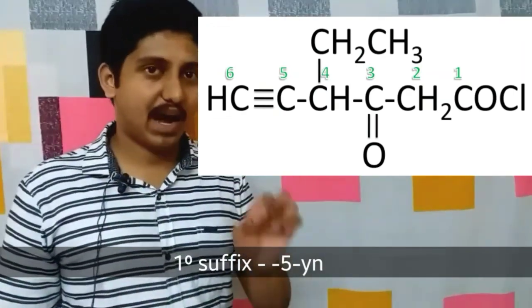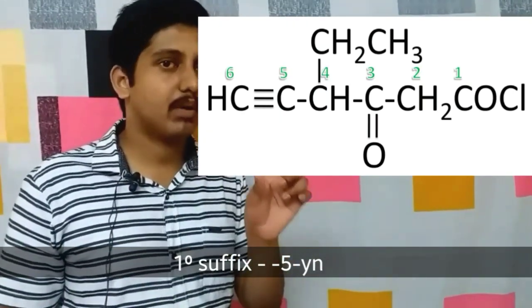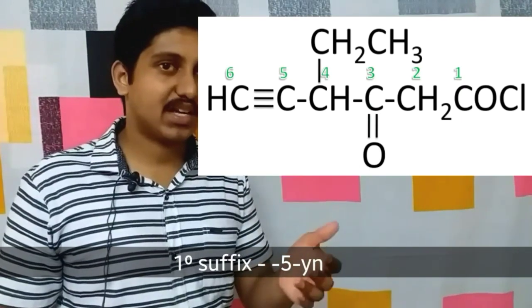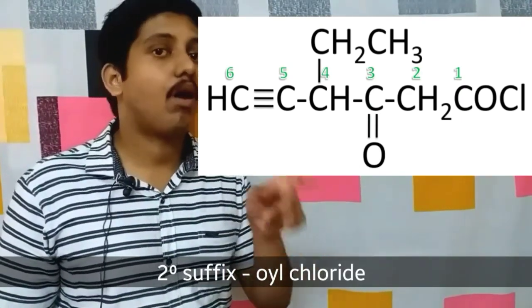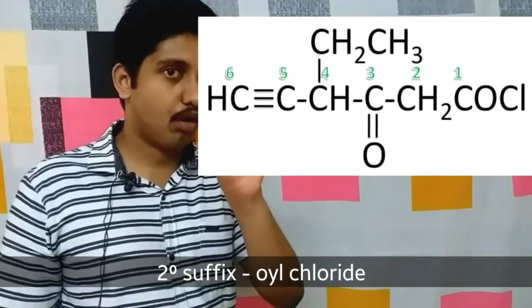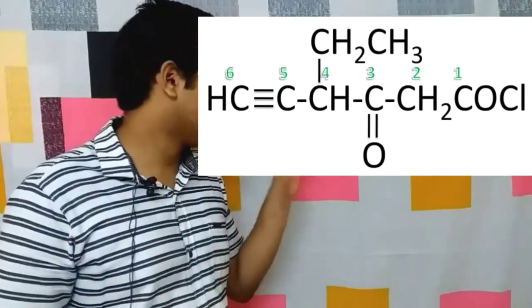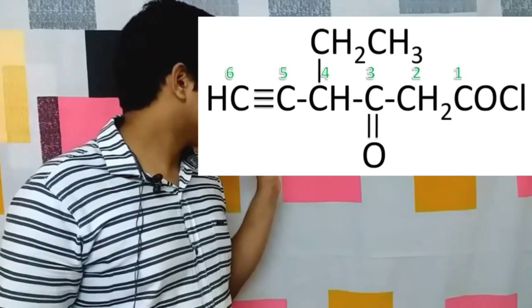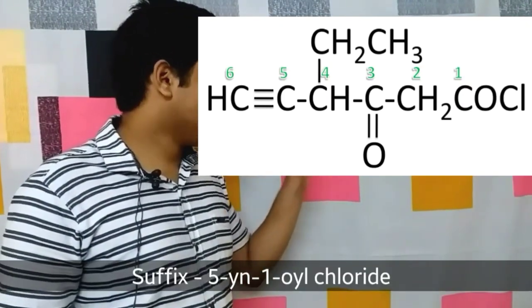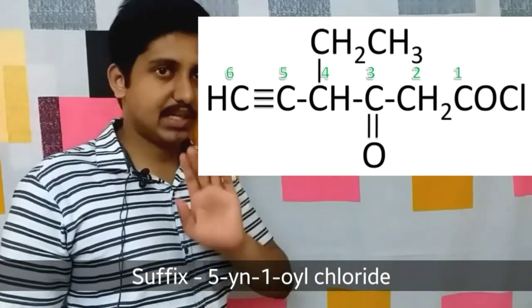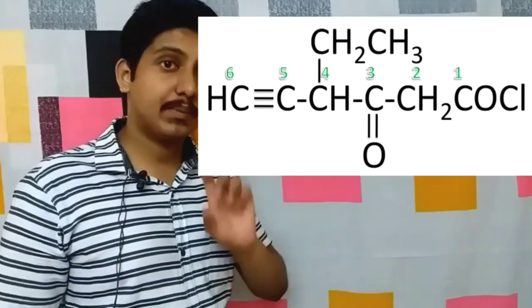So 5-yne. And the e is removed because our secondary suffix is our principal functional group, that is COCl, or otherwise oyl chloride. So o is a vowel and hence we are removing the e, and hence 5-yn-1-oyl chloride is the suffix. And what will be the prefix?